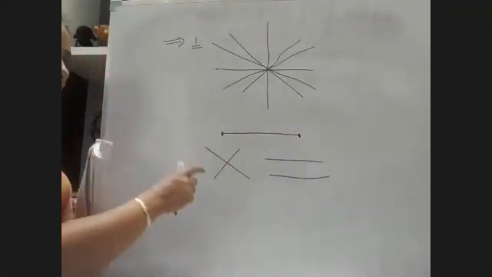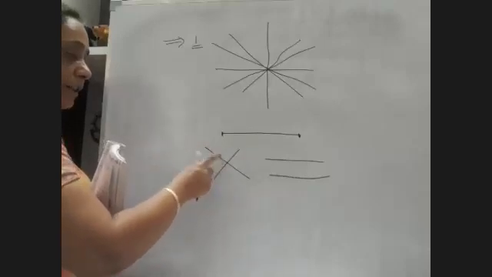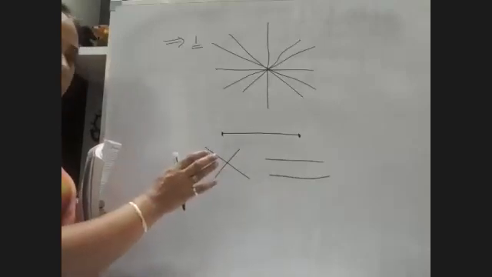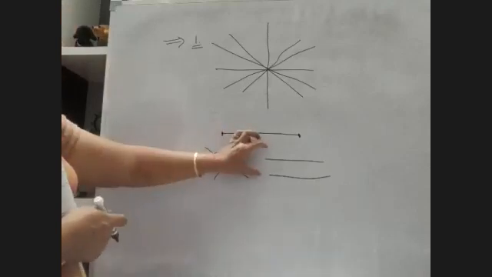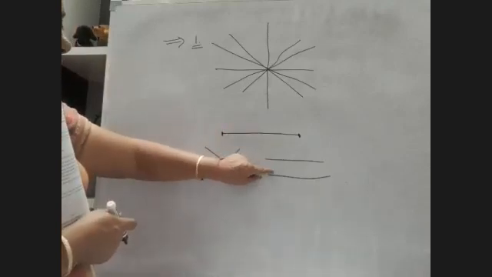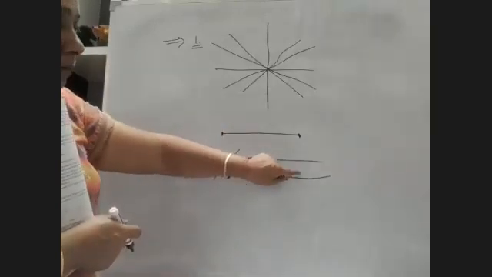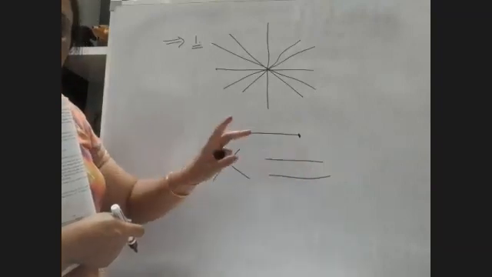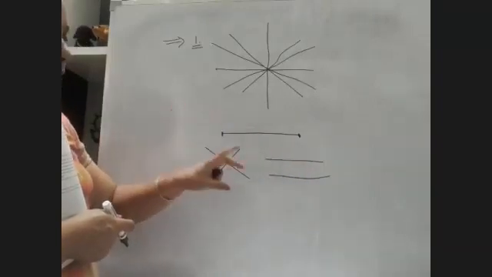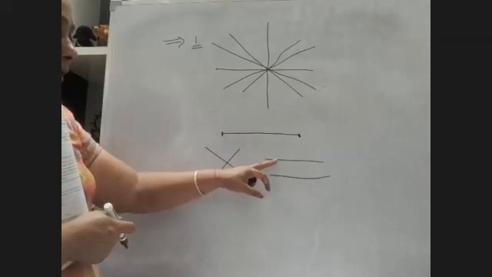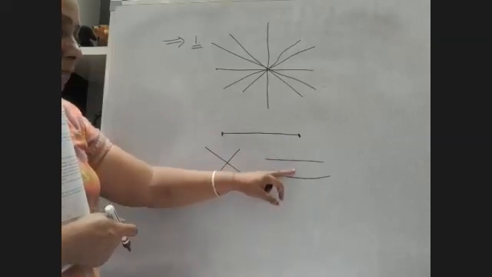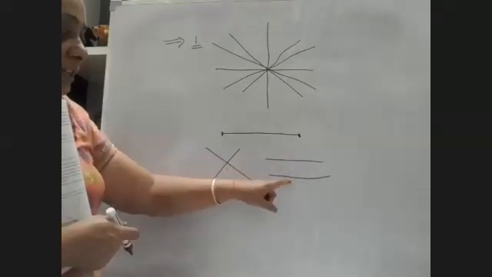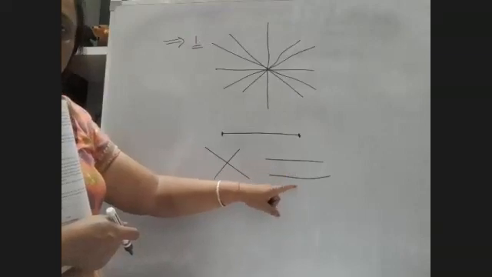When 2 lines meet at a point, then the lines are intersecting lines. If 2 lines do not meet at any point and the distance between them is equal, then these lines are parallel lines.